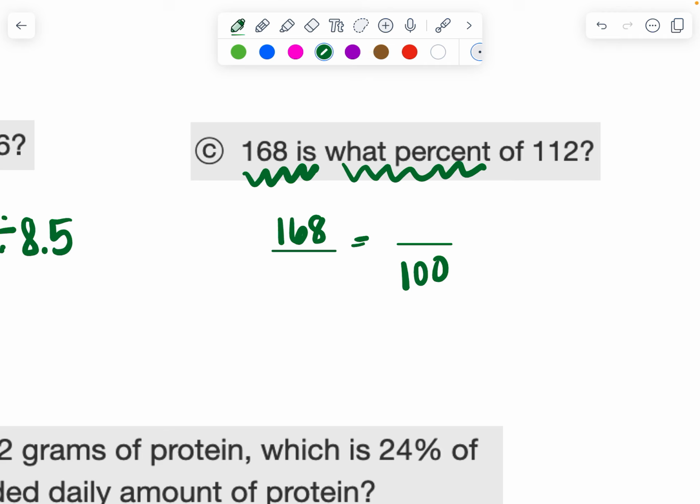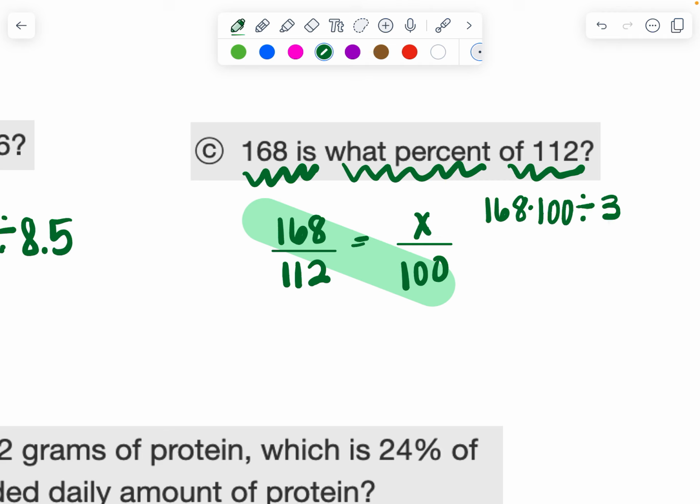We don't know the percent, so that's going to be our x of 112. 112 is going to go on the bottom of our first fraction. Again, we're going to multiply diagonally the two numbers that we know. So 168 times 100. And then divide by the third number that we haven't used yet. Divide by 112. And we get an answer of 150%.